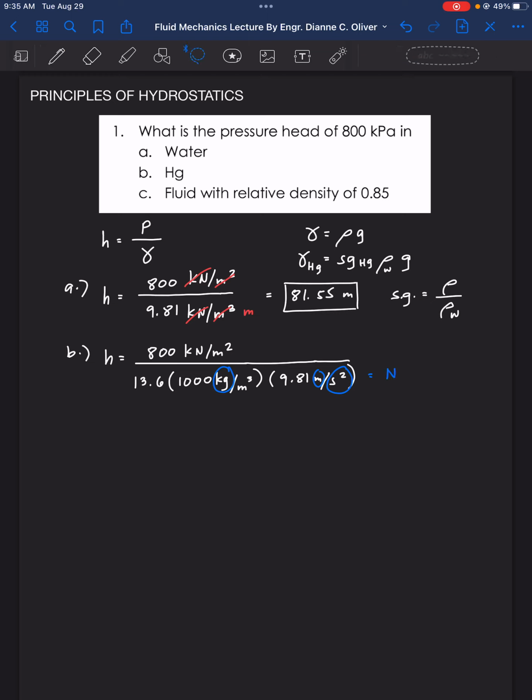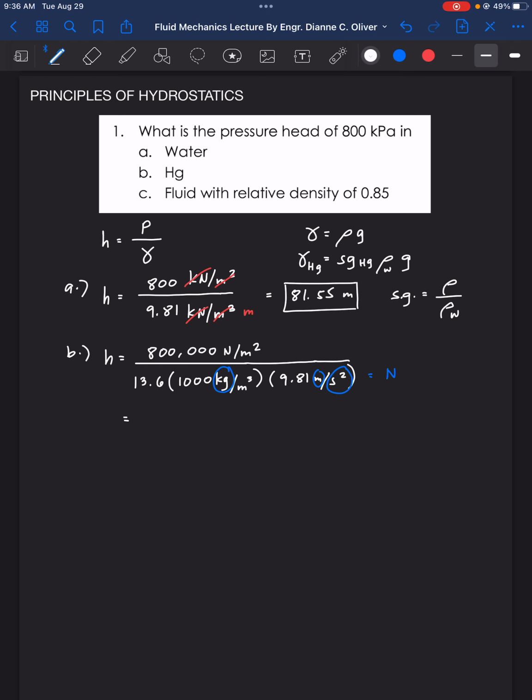Now take note, we've used kilonewton at the top. So if it's in kilonewton, we need to remove the kilo and put here 1000. So 1000 newton per meter squared.